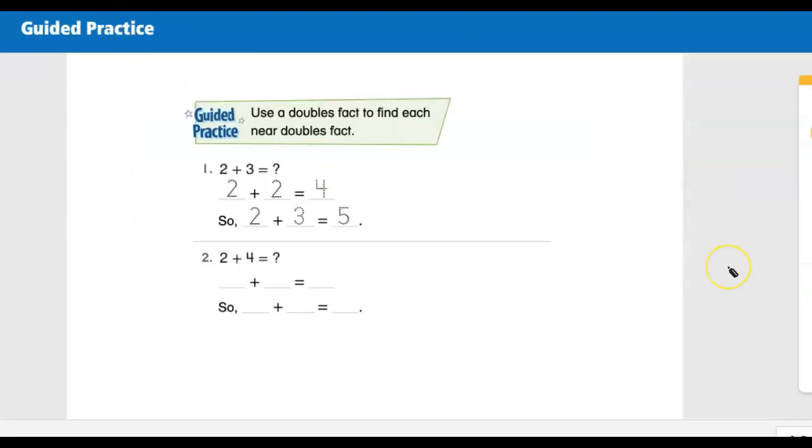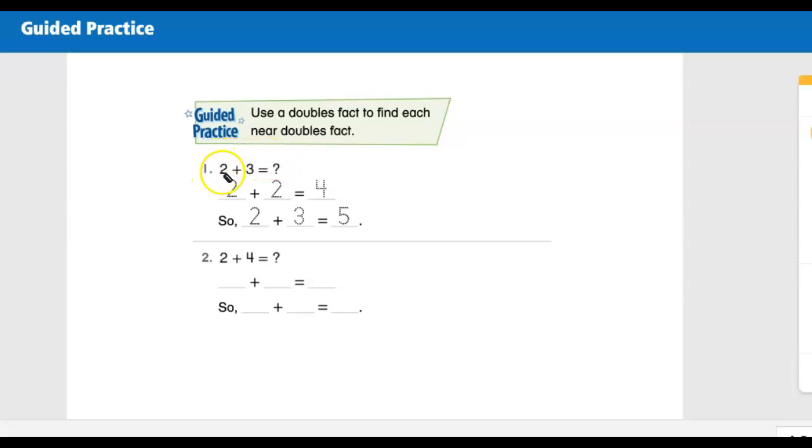Now let's look at our guided practice, still on the same page, page 66. Our guided practice direction says use doubles facts to find each near doubles fact. So let's look at the first one.